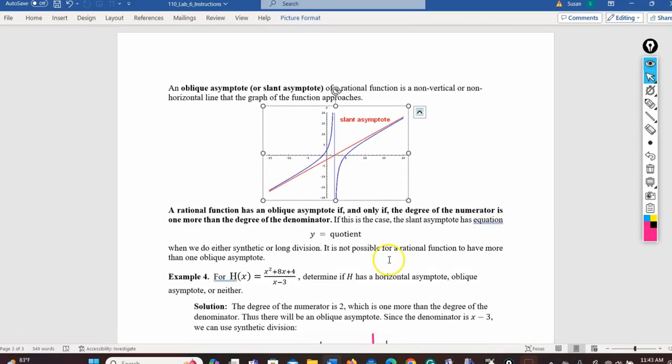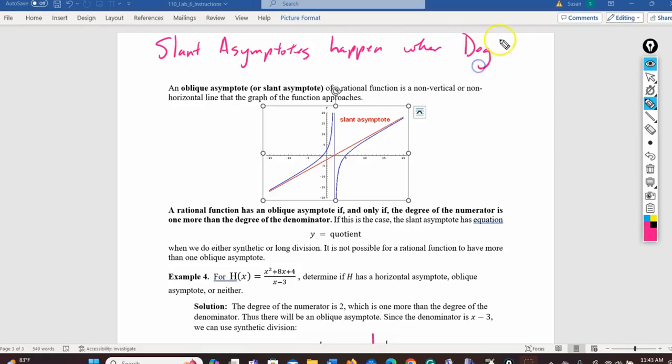So let's look. Now, when do you have slant asymptotes? You will get a slant asymptote, or oblique asymptote, when the degree of the numerator is one more than the degree of the denominator.